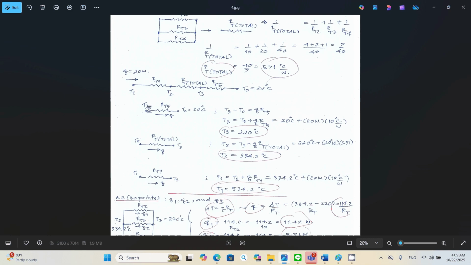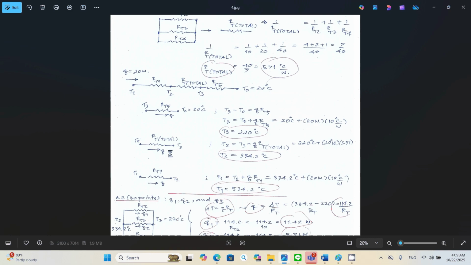So you have T3 minus T0 equal to QRT5. Okay, and you have the room temperature T0 equal to 20 degrees Celsius, and for IC1 the heat dissipation is 20 watt, and thermal resistance is 10 degrees Celsius per watt. You end up with T3 equal to 220 degrees Celsius.